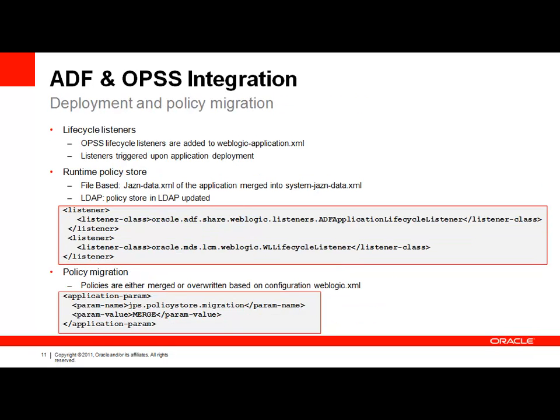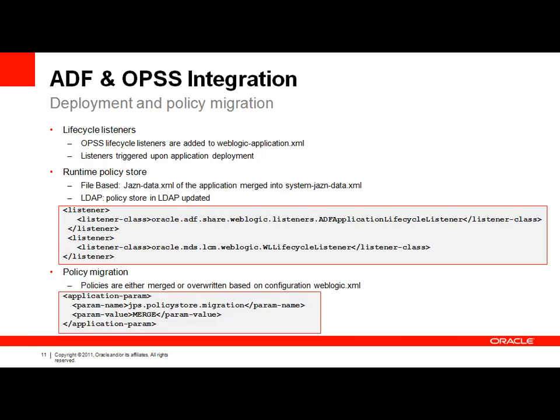Another file that gets updated is the weblogic.xml file, and this is updated with a lifecycle listener, an ADF application lifecycle listener, and this you can use to configure how upon deployment you want to have policies defined locally in your jazn-data.xml file to be broadcasted or deployed to the server.